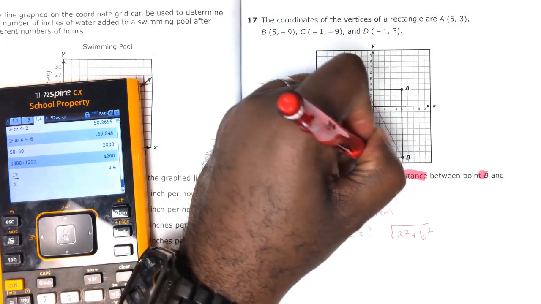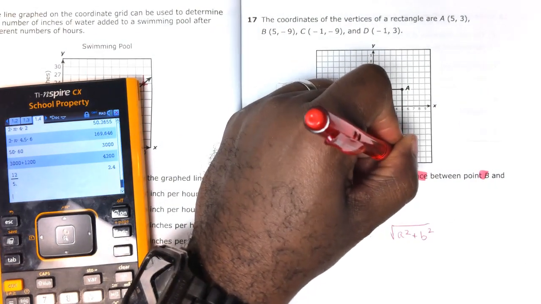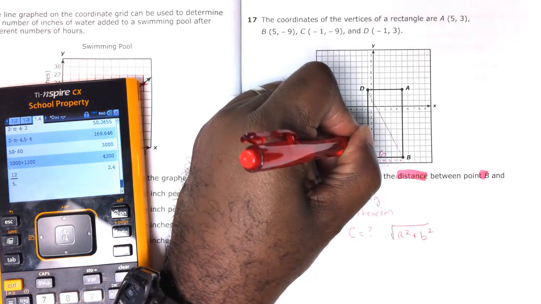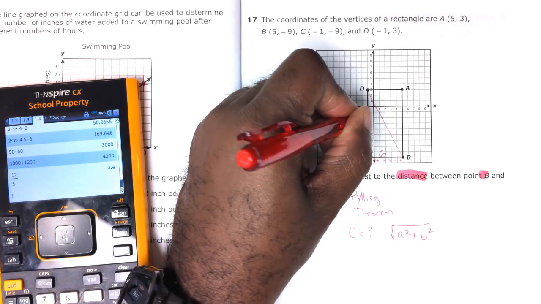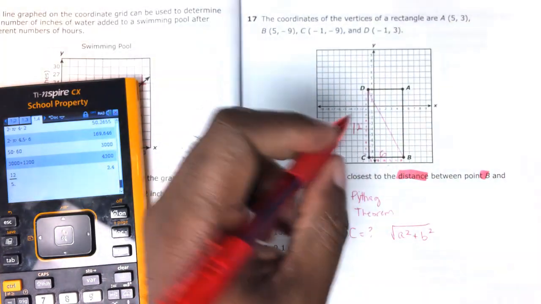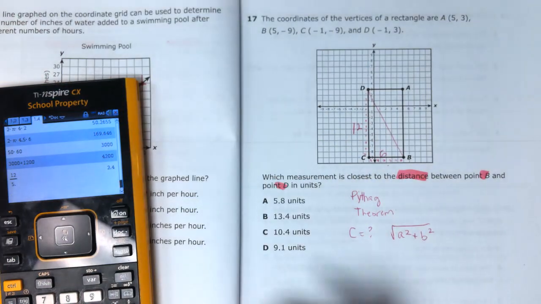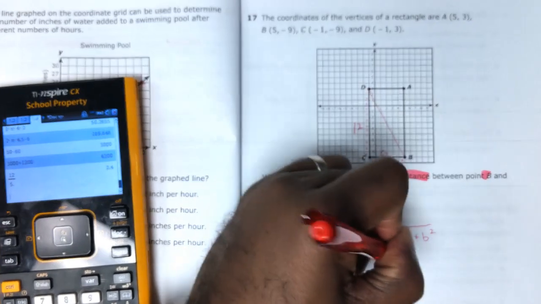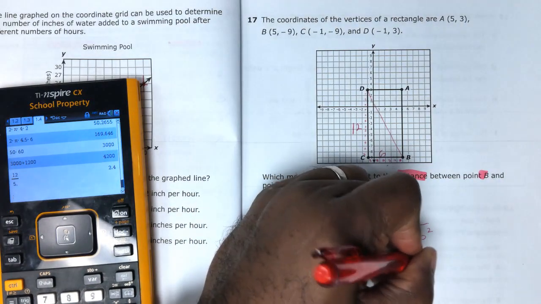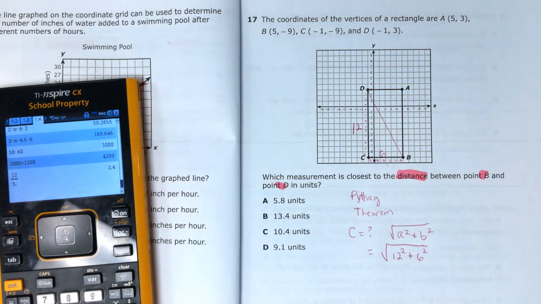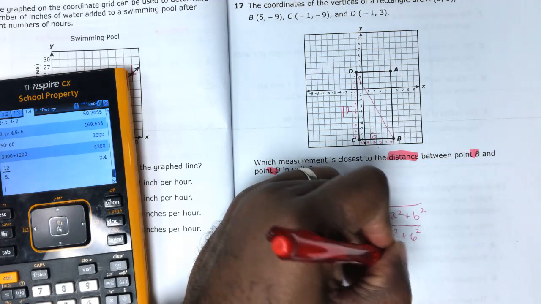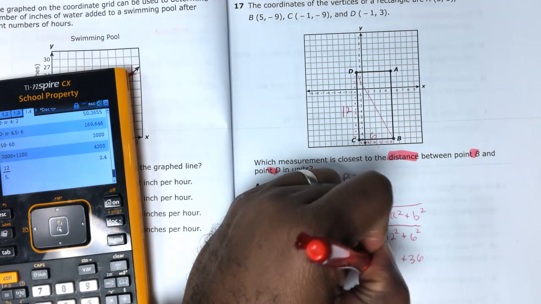So we have 1, 2, 3, 4, 5, 6. 6. We have 1, 2, 3, 4, 5, 6, 7, 8, 9, 10, 12. It's 12. So that means C is going to be equal to the square root of 12 squared plus 6 squared. Okay, or if you want to do the math, 144 plus 36.